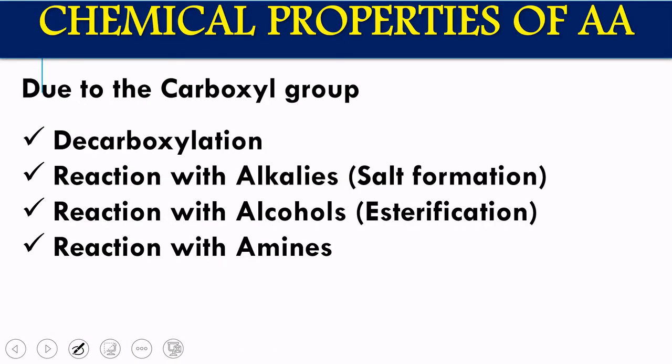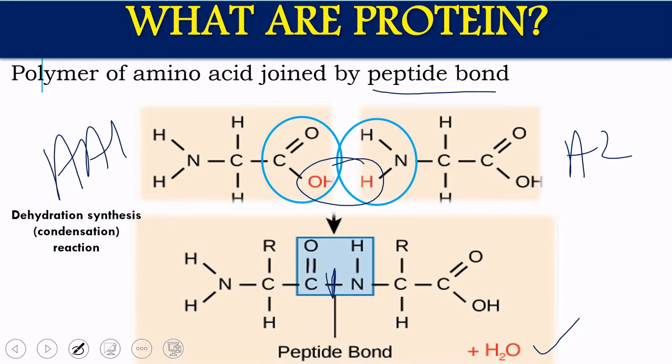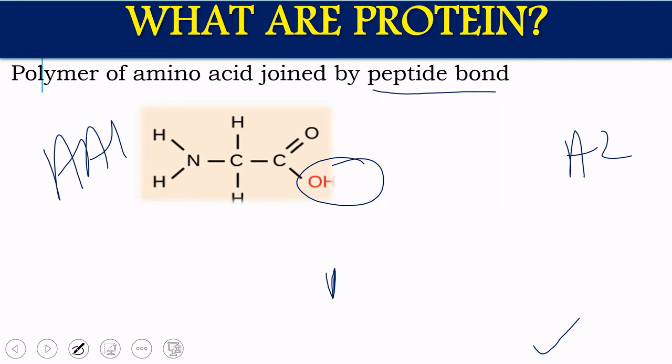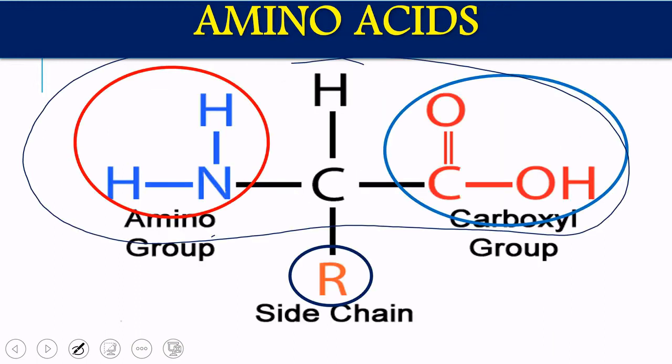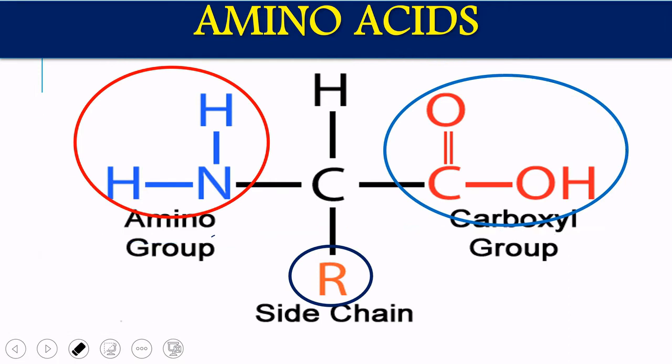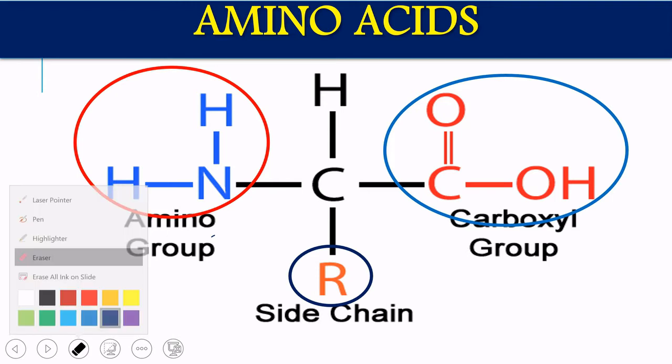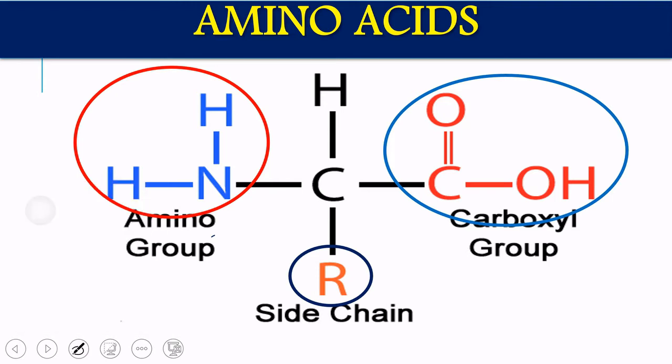Every amino acid, if you see the basic structure of amino acids, has three important groups. Those three groups have three different kinds of properties. Amino acids have some specific character which is because of this NH2 group.